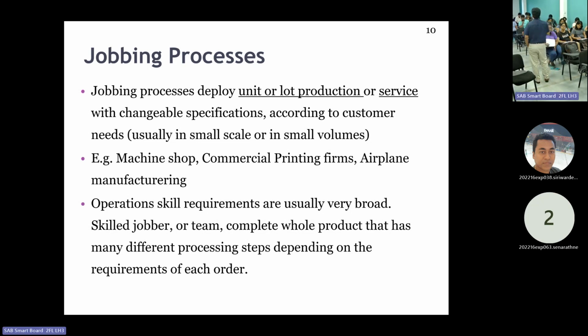Now, you as accountants, you as finance managers, one day or even now, might not be involved in manufacturing, but you may be involved in service operation. Don't you think that you may use this process style to complete your activity? If you are working for an accounting firm or an audit firm, of course, the type of assignments you get from one client to another would be different, right?